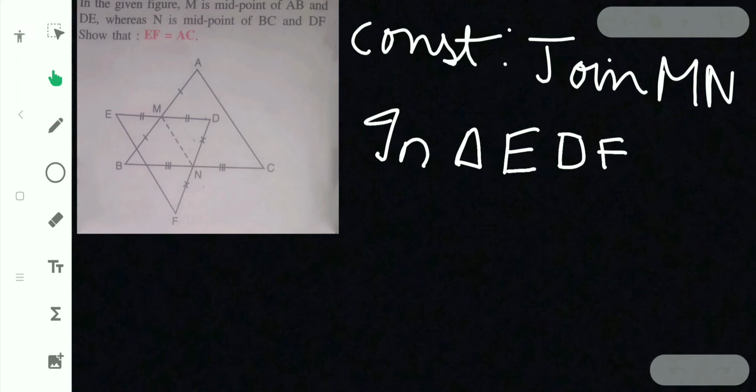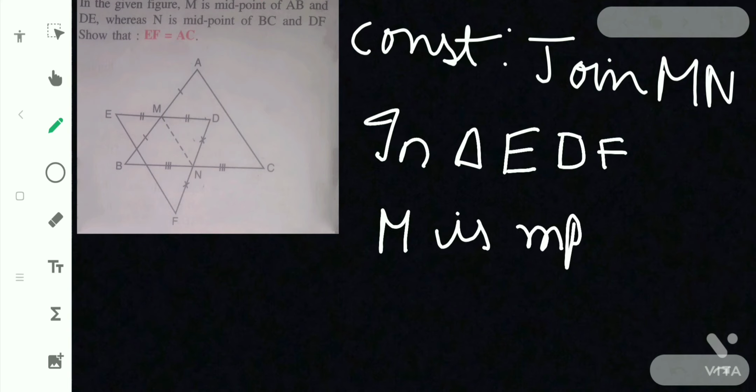You can see over here, these two lines are nothing but ME is equal to MD. So when these two lines are equal, we can say that M is the midpoint of DE.